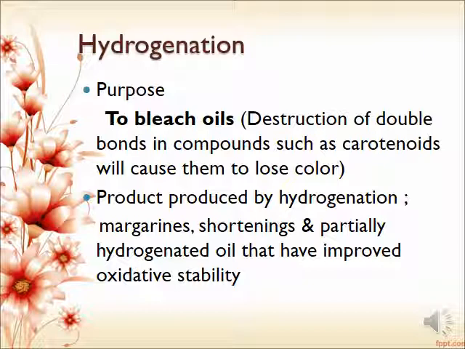Now, products that are normally produced by the hydrogenation process, for example, margarine, shortening, and also partially hydrogenated oil, which have improved oxidative stability when they are partially hydrogenated.